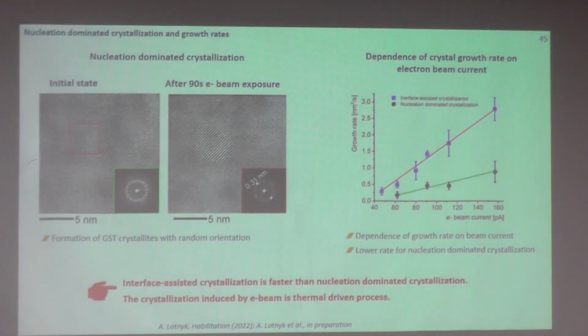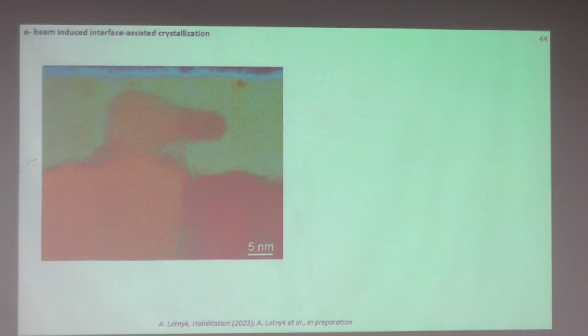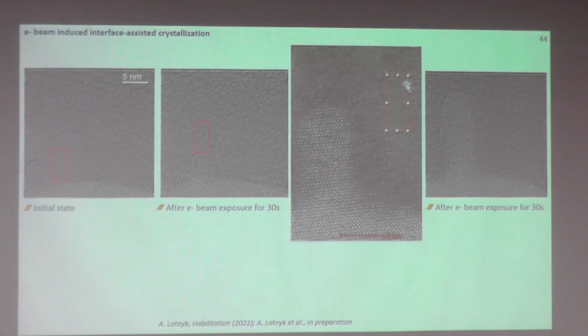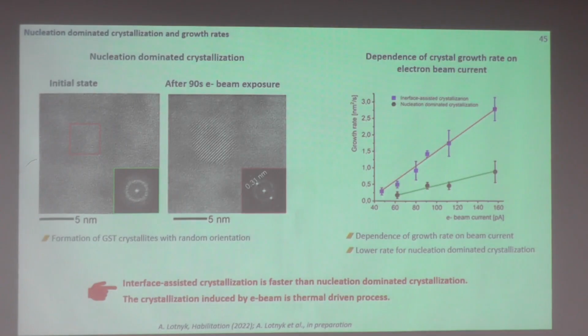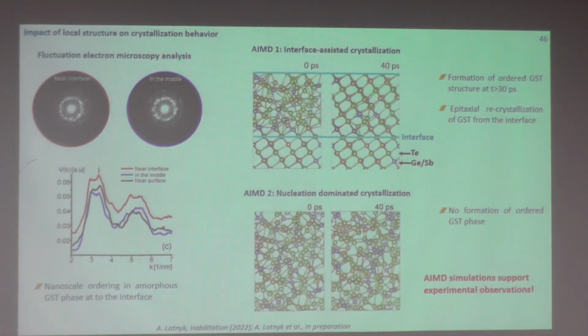According to these results, the order for the amorphous state close to the interface is much higher than in the middle or at the top. And this is one of the reasons why this crystallization is faster than crystallization solely from the amorphous phase. This can also be confirmed by MD simulations.